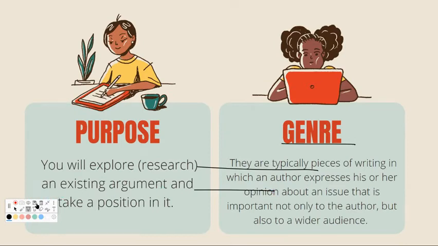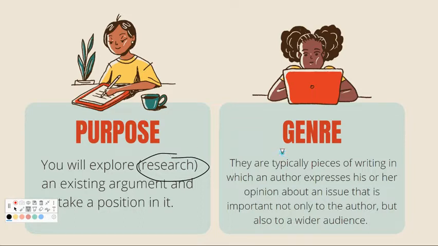Now, an argumentative essay usually explores, by that we mean research an existing argument and take a position in it. So the facts, figures, and relevant information have to come from credible and validated resources. Okay.